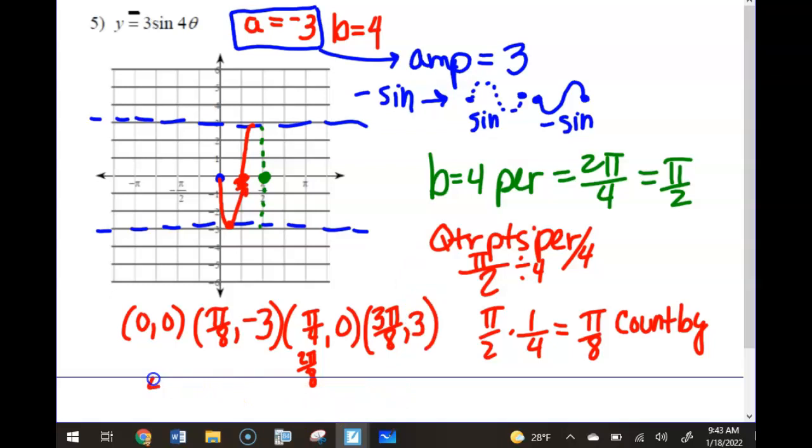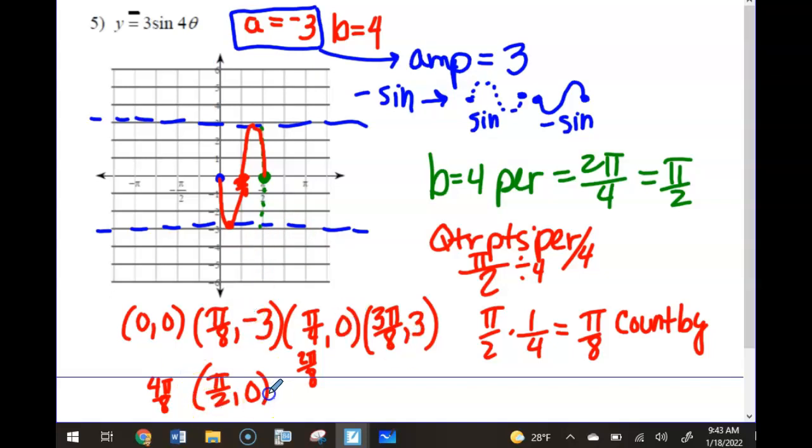And the next one would be 4 pi over 8, which would reduce to pi over 2, and that one's back at the midline of 0. So that 4, instead of stretching it horizontally, remember it's an inverse relationship, it crimped it up really tight to 1/4 of the normal period.